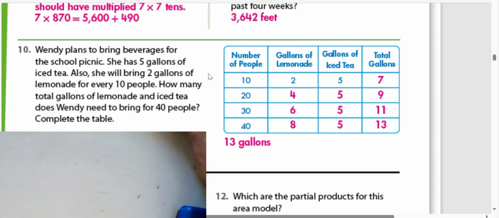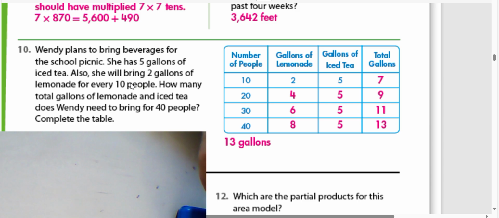Understood? Again, in this example, Wendy plans to bring beverages for the school picnic. She has 5 gallons of iced tea. Okay, 5 gallons of iced tea. 5, 5, 5, 5. Also, she will bring 2 gallons of lemonade for every 10. Meaning 10 divided by 2, 5. 20 divided by 5, or 10 divided by 5.